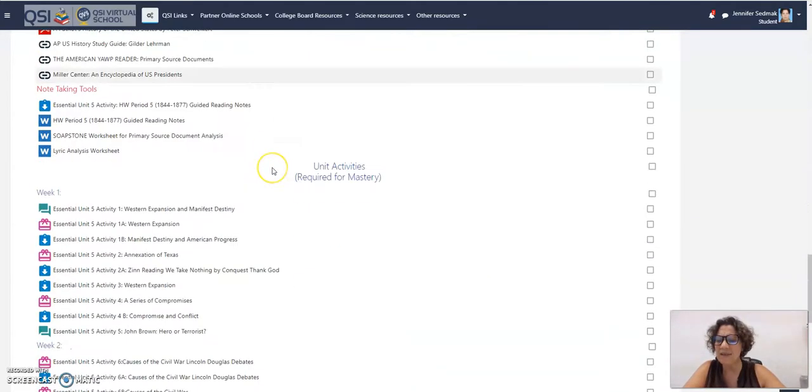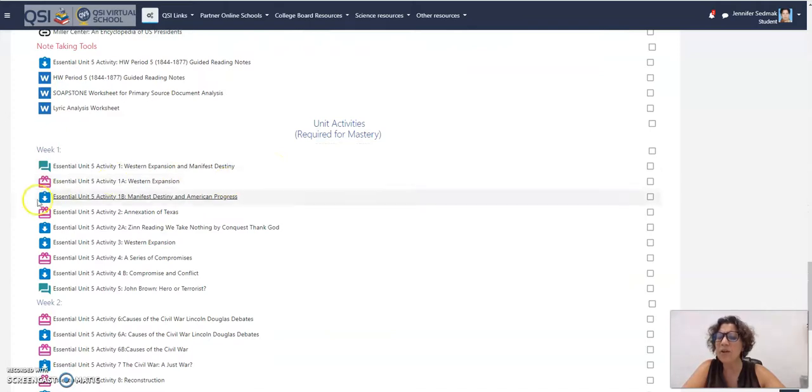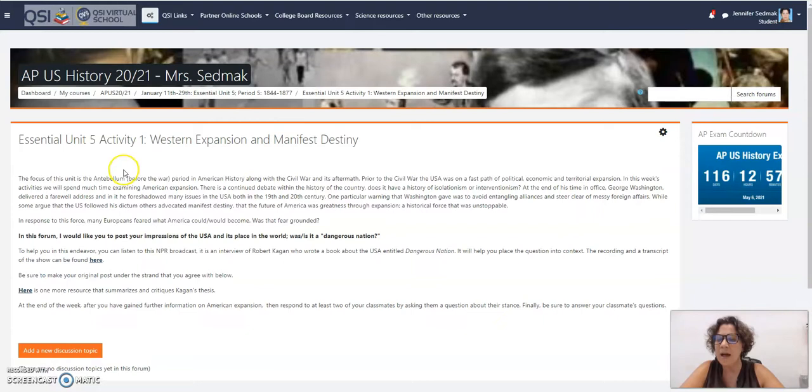So within the context of week 1, we are going to look at Western expansion and an important concept in American expansion called manifest destiny. In 1839, there was a newspaper man named John O'Sullivan, and he coined this term manifest destiny.